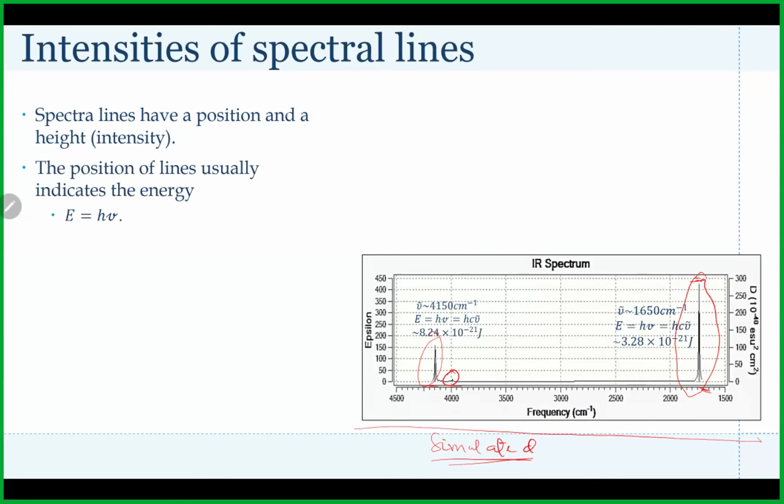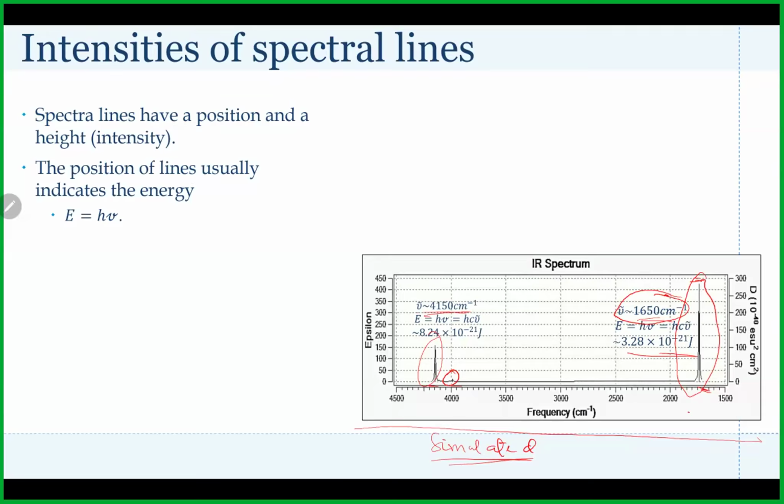So we know that whatever molecule this is, I think it's a water molecule, absorbs energy of about this frequency, or absorbs photons that have this frequency or wave number. They also absorb photons that have that wave number as well. So that's what the position of the lines tells us. They indicate the energy level.